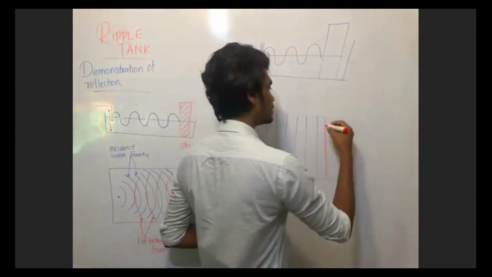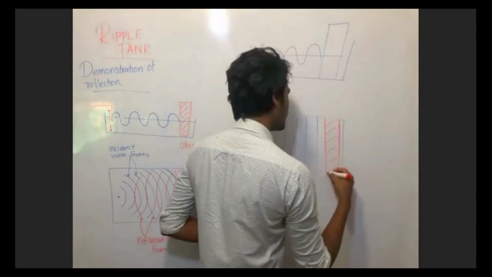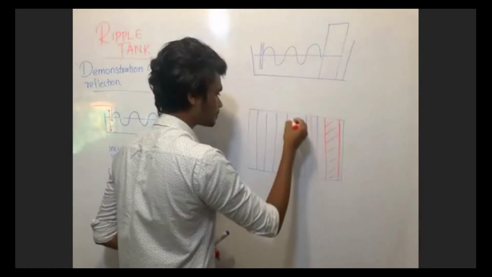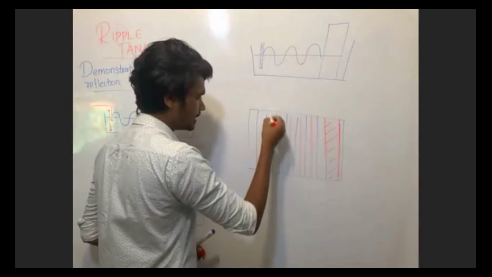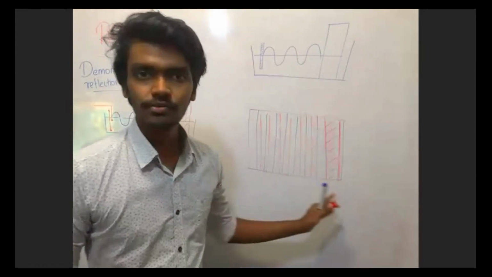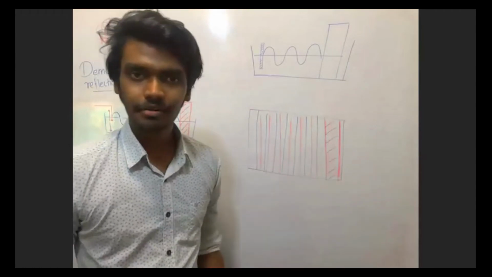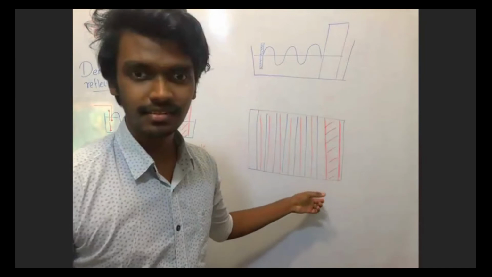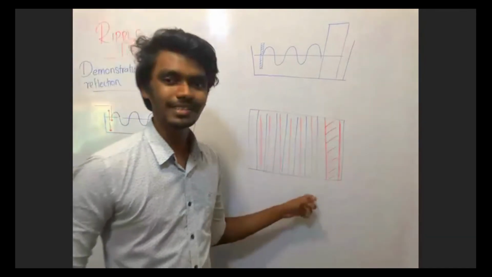When it collides with the obstacle, it will return back in this way. So fine, you have observed the reflection. It's fine, right? Is that the case? Can you observe this?